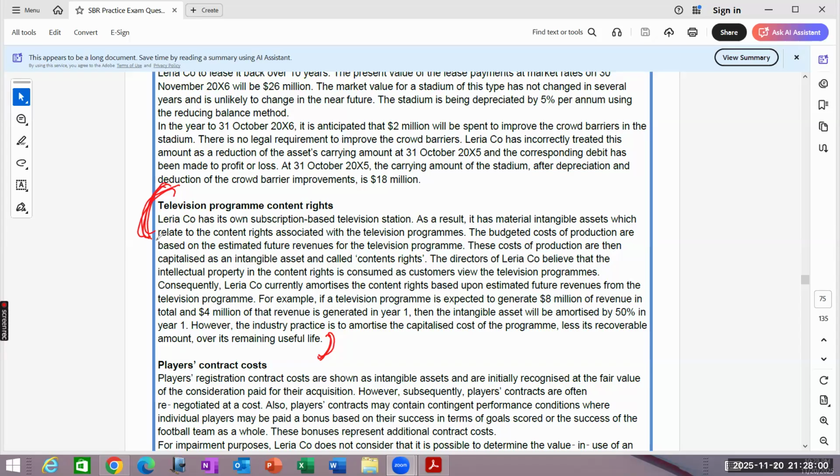So the budgeted costs of the production are based on estimated future revenue for the television program.